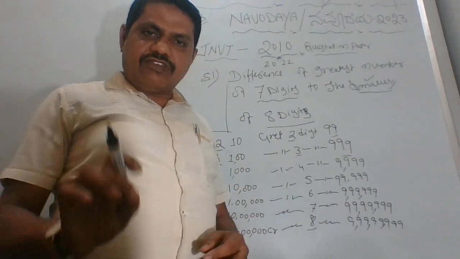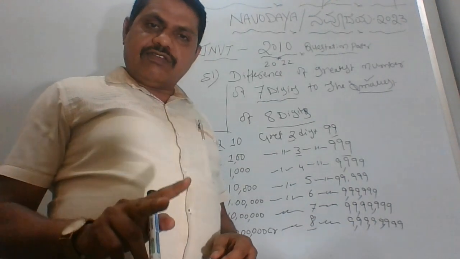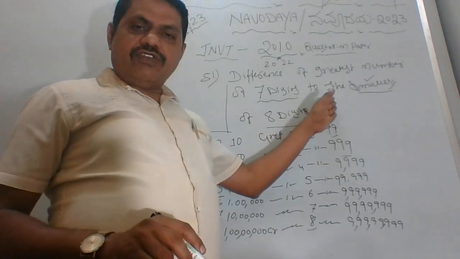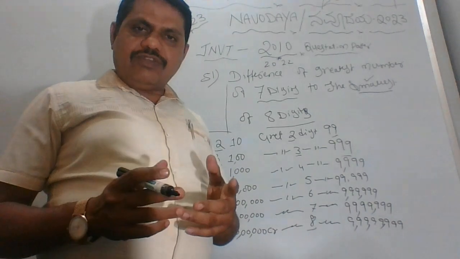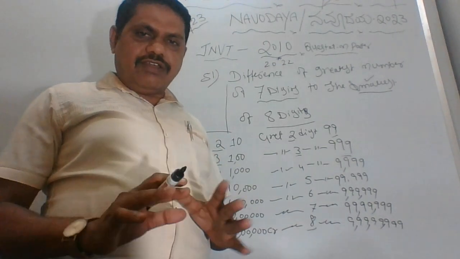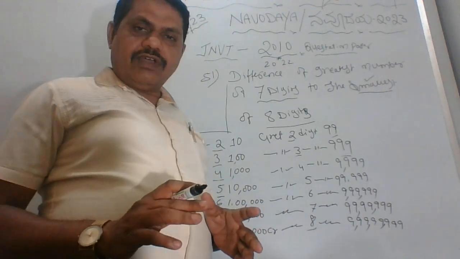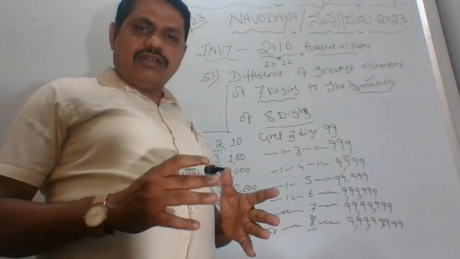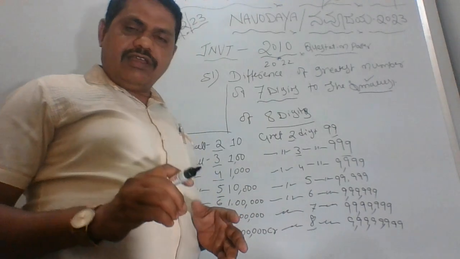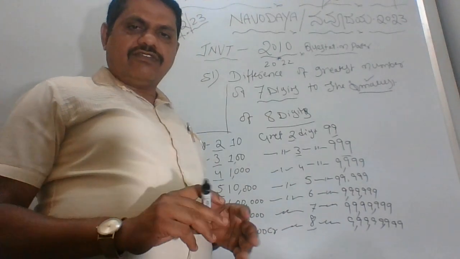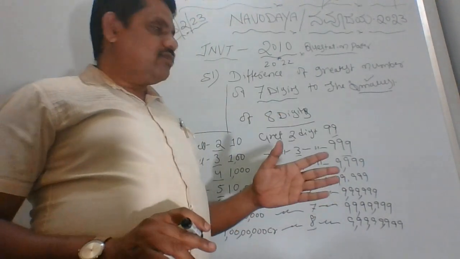If you are unable to understand the question, read it twice, because the questions will be slightly twisted, or they may be asking in a different manner. So you should not get confused. Let them ask questions in any type, but you should understand very clearly what the question has given and what exactly you understood.